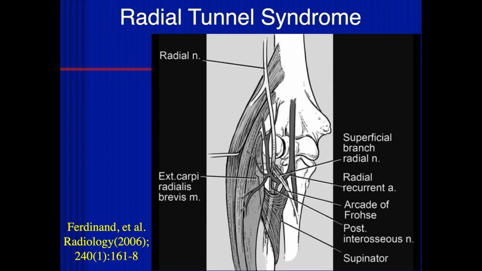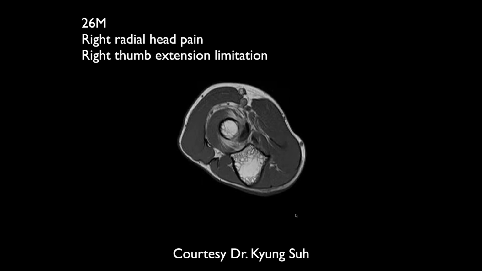And the posterior interosseous nerve comes down, and this is the arcade of Frohse, which, as you can see, is the proximal edge of the supinator tendon in this location. And this is a typical area where it can get compressed with trauma, right around the supinator muscle here. Yeah. And then here you get the superficial branch coming out here. So that's where we look for it. Okay.